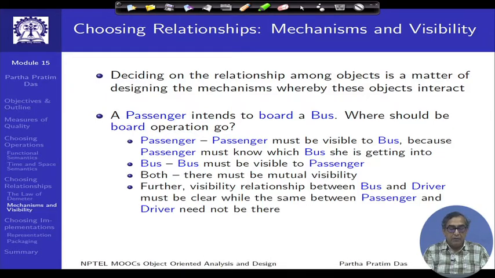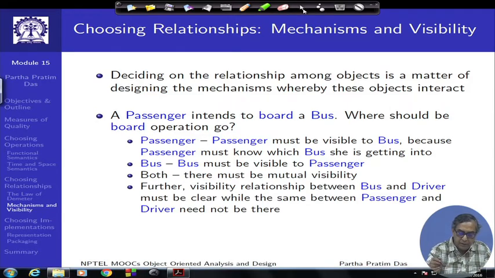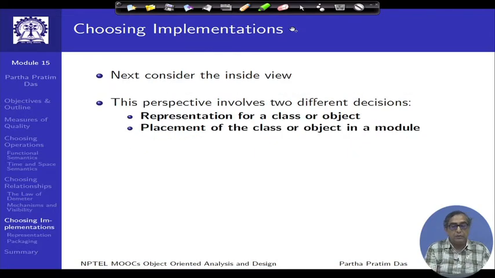Or the bus can have a board method and the passenger goes as a parameter. Or both could have board methods which collaborate between themselves. Depending on which class has the board method, the visibility will have to be accordingly. For example, if bus has a board method, then bus must be visible to the passenger, so that the passenger can send the message to it.